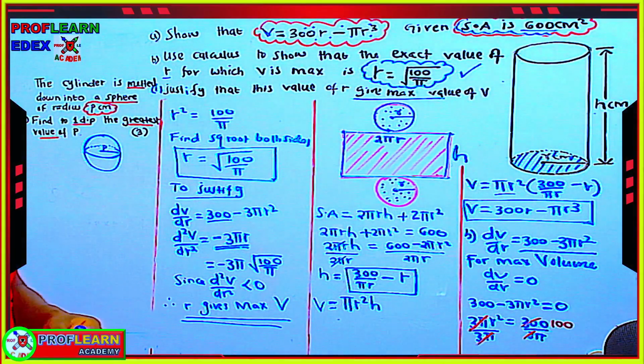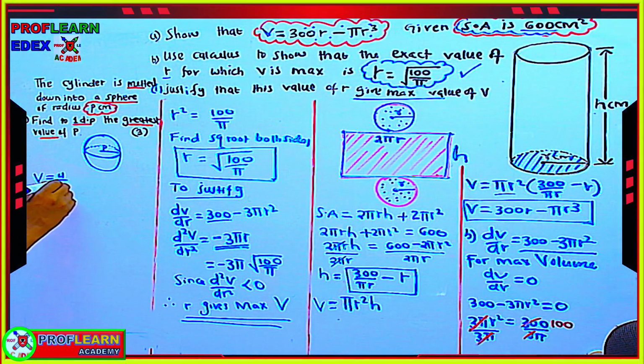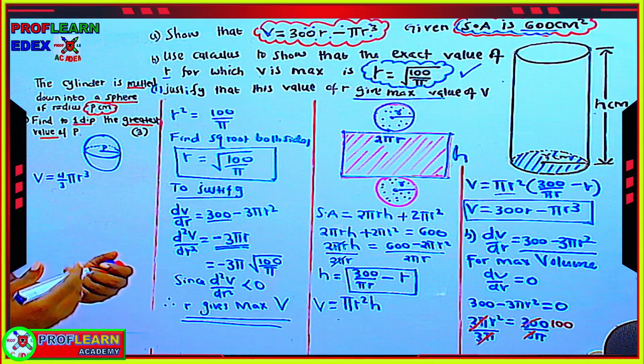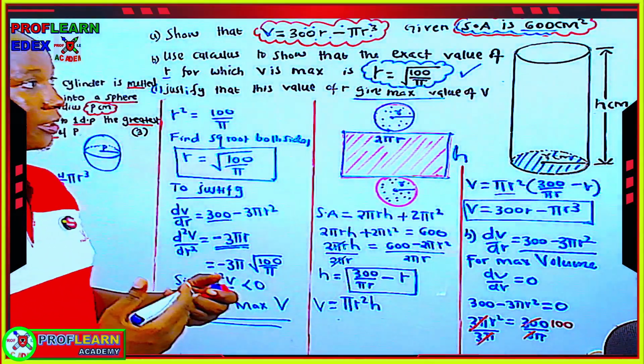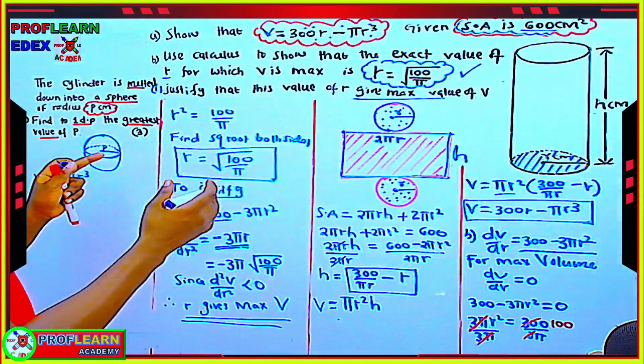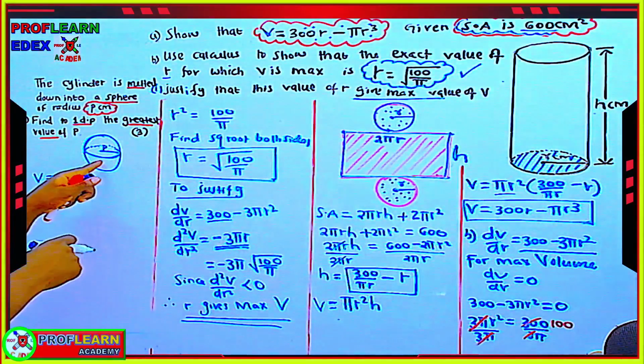Something that we need to remember at this point is that the volume of a sphere is 4 over 3 pi r cubed, because the volume of the sphere is going to be equal to the volume of the cylinder, because this is melted to become this.